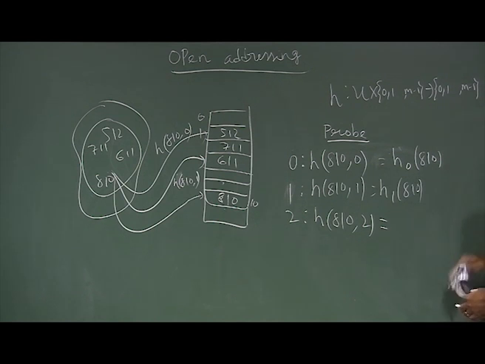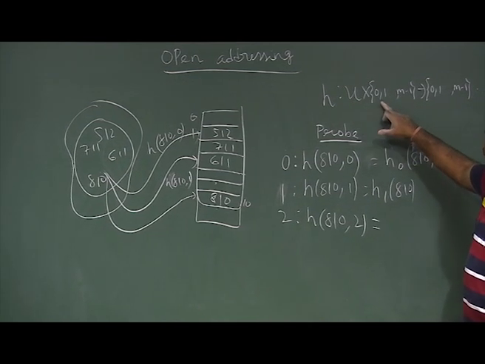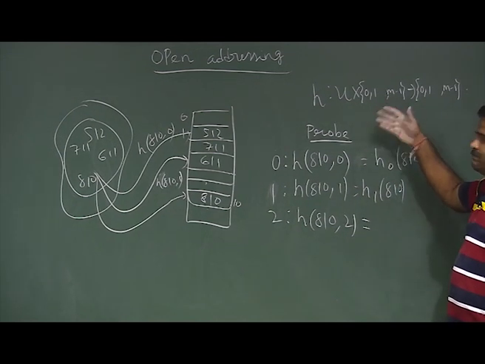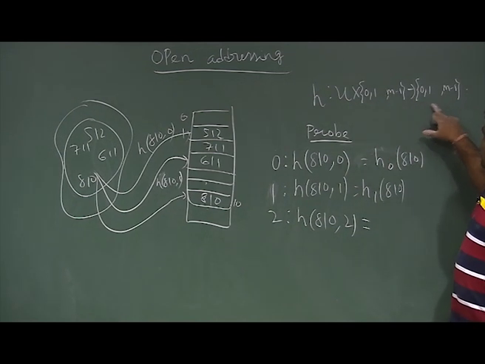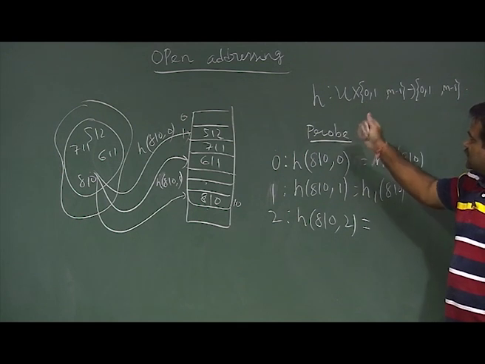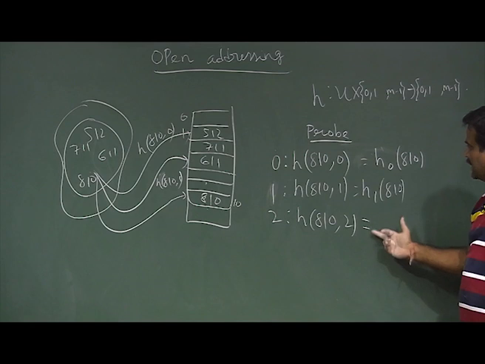And basically our hash function is this: U is the universe of the keys, and this is the probe sequence, which we run up to m minus 1 times, and these are the slots available, slot 0 to m minus 1. So, this is our function. Basically, we have a sequence of hash functions h0, h1 like this.